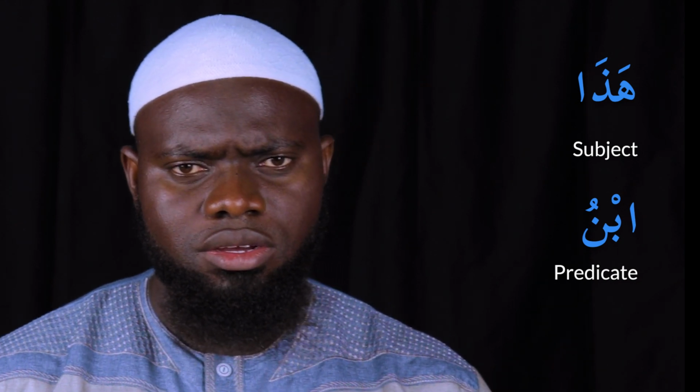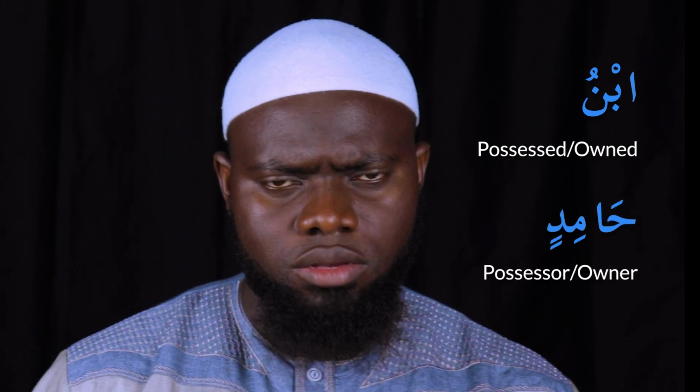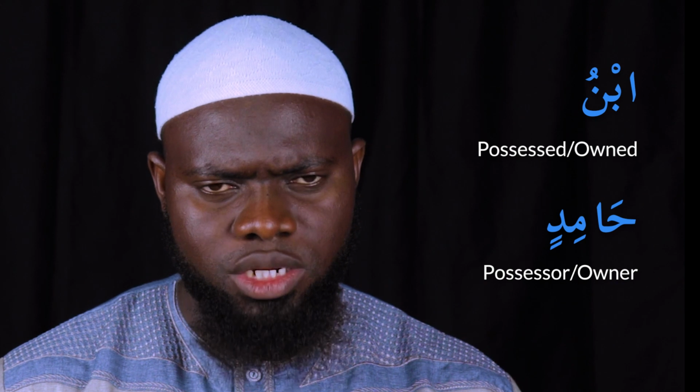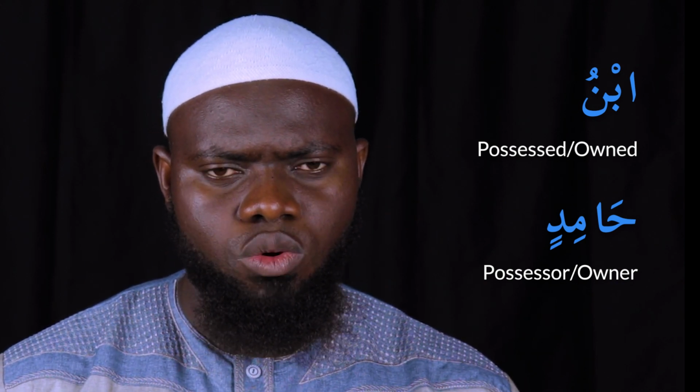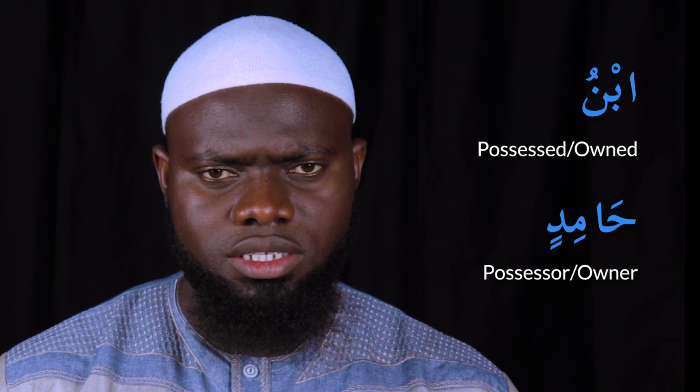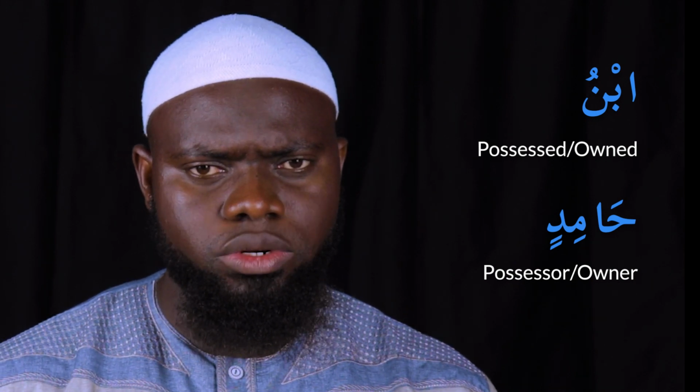You have to say hada ibnu Hamidin. Hada is the mubtada, it is the subject of the sentence. Ibnu is the khabar, it is the predicate. It is also mudaf, and Hamidin is mudafun ilayhi. Mudafun ilayhi is the owner, or something that owns.